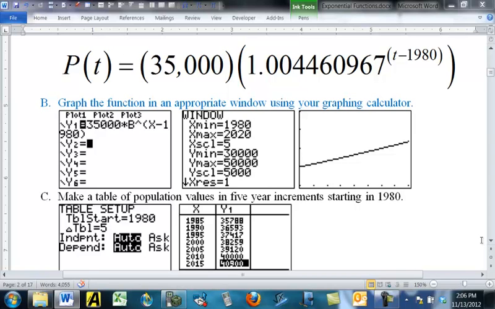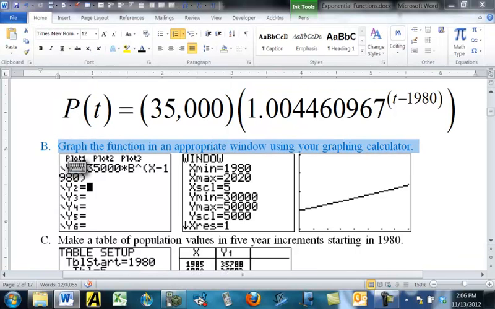We know it's going to go from 35,000 up because it's increasing, so we could have actually just started at 35,000. I started a little bit below that at 30,000 and went up to 50,000 and marked the y's off in 5,000s. You might have to do a little trial and error here to figure out what would be an appropriate window to use.